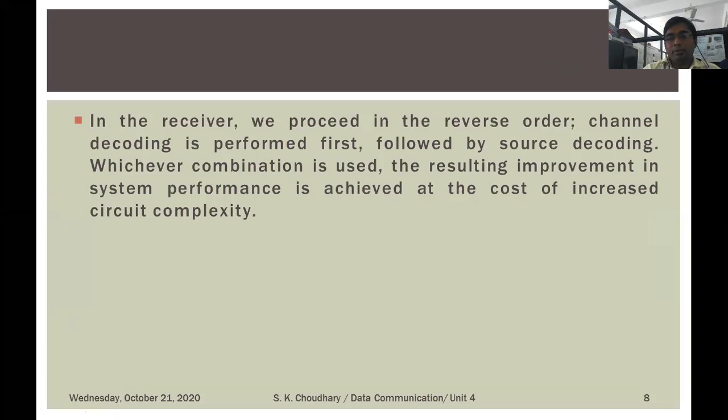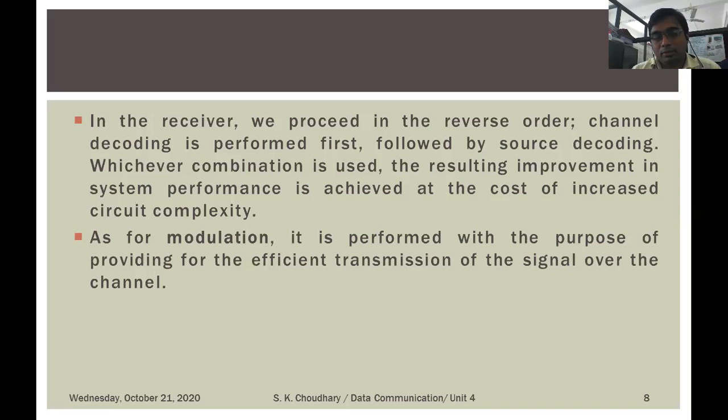In the receiver, we perform the reverse order. When we use source encoder and channel encoder in combination, it increases the circuit complexity, but the system performance is improved. So one drawback is increased circuit complexity, but on the other hand, we get the benefit of better system performance.